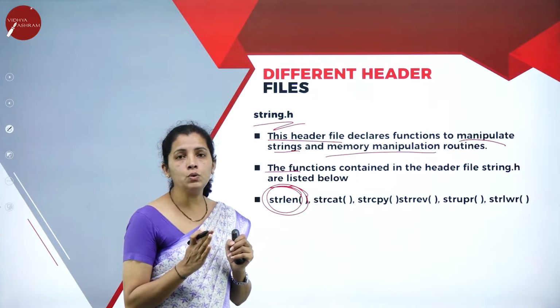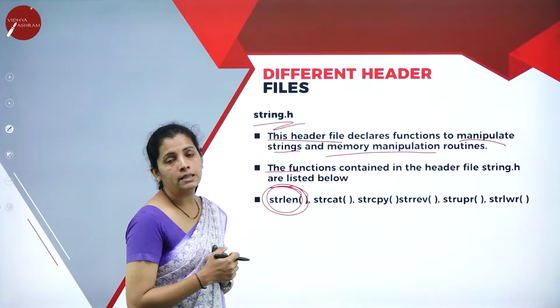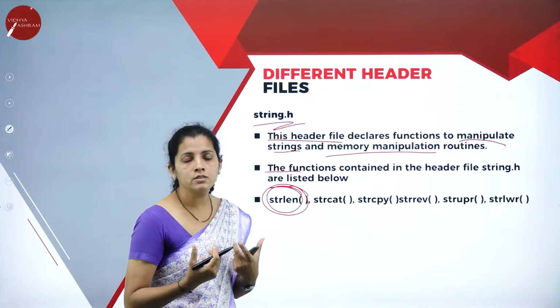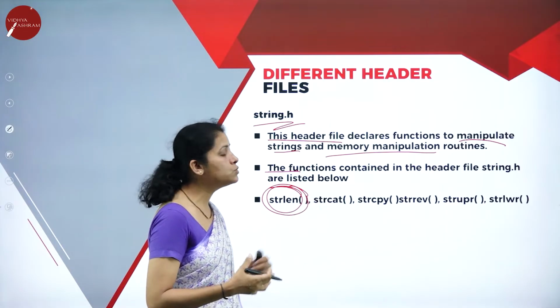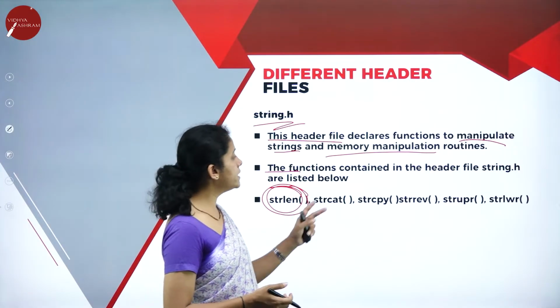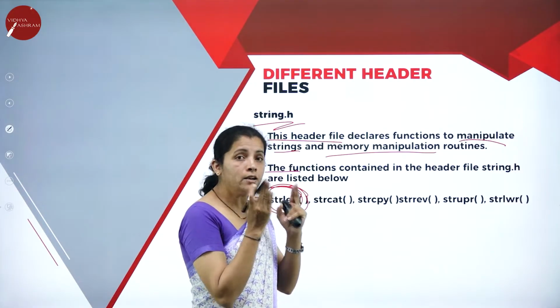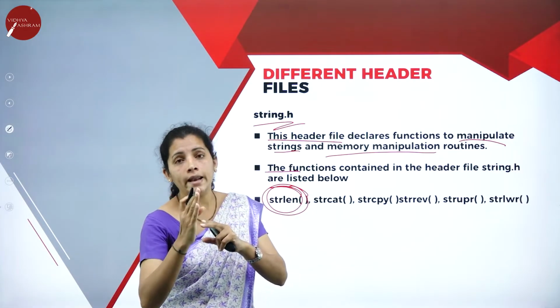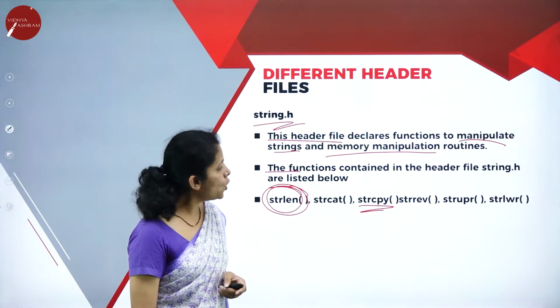If I want to club two strings together, that is nothing but string concatenation. Concatenate means combining two strings together. And what is string copy? That means I want to copy the content of one string to another string. At that time I'm going to use string copy.